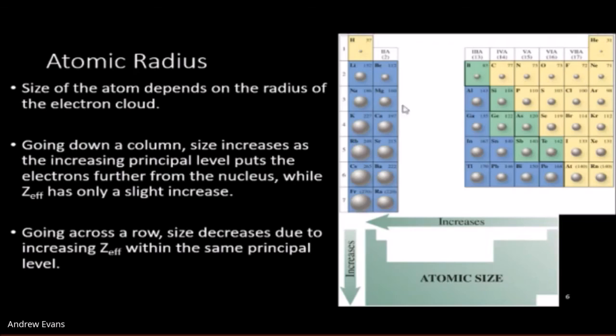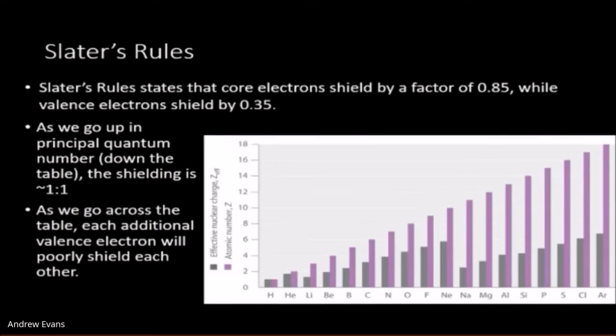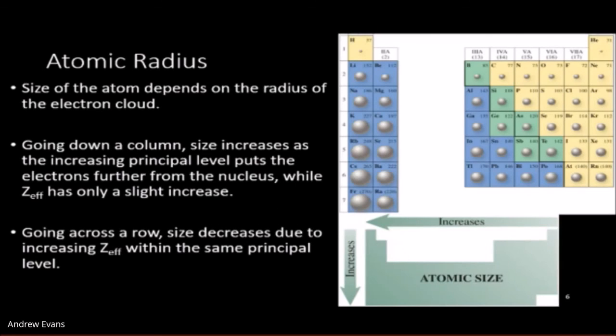We see each time we go across the table, size is decreasing because we have a greater Z effective as we move across the table. However, you should notice as we go down the table, size is going up. 37, 152, 186, 227, 248.